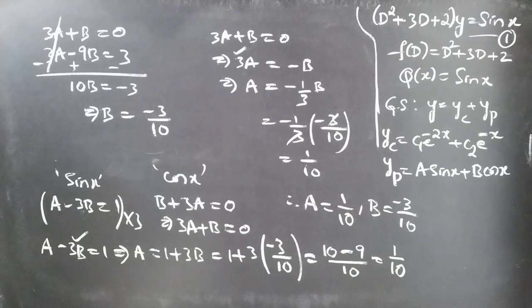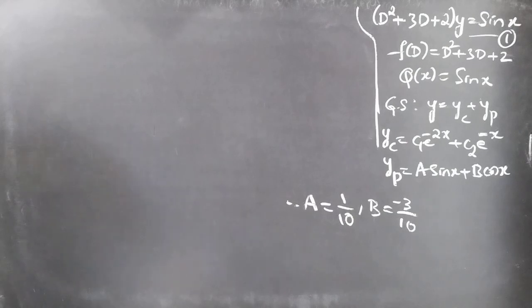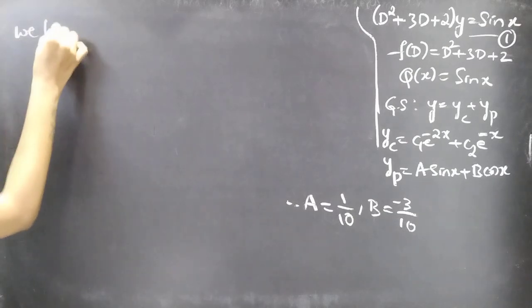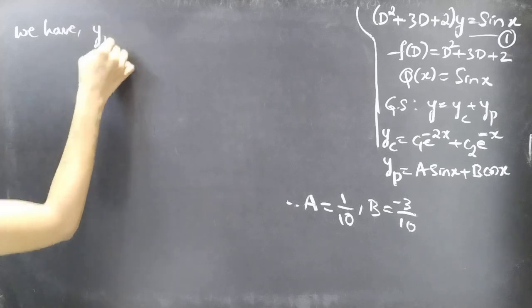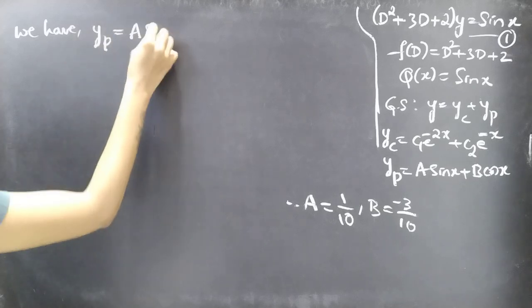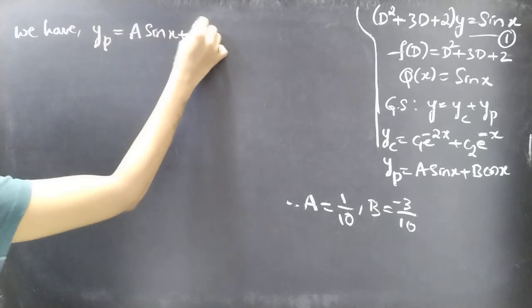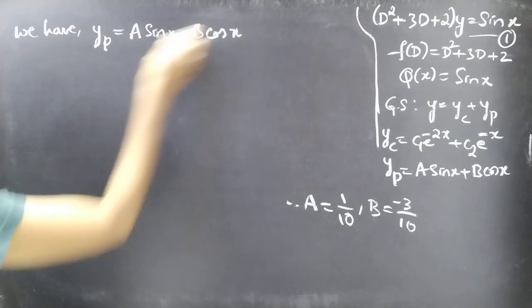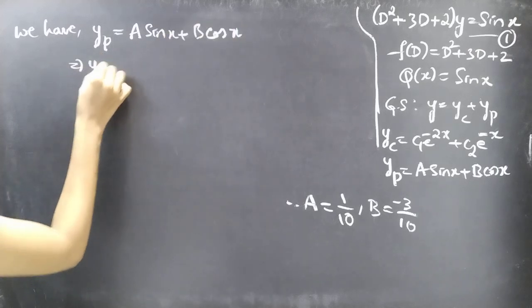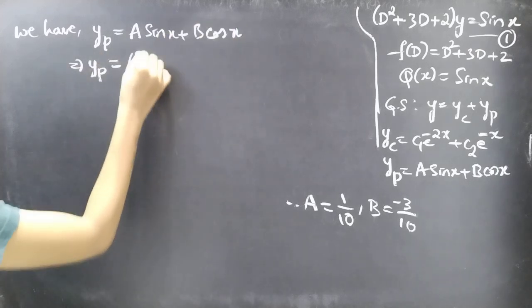Now coming to yp. We have yp equal to a sin x plus b cos x. Now substitute the values of a and b here.